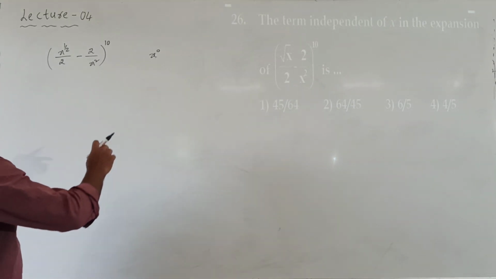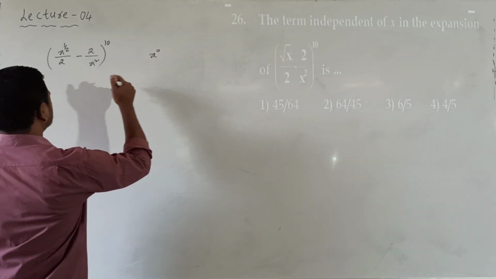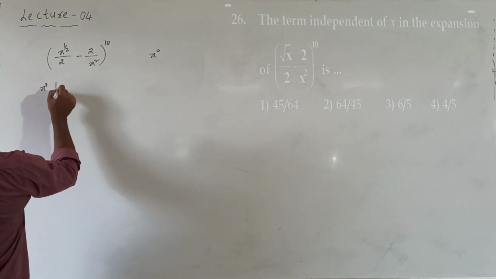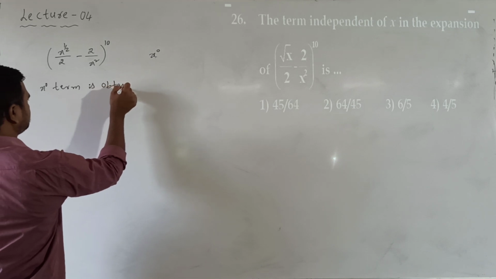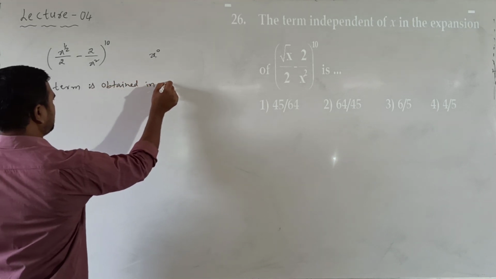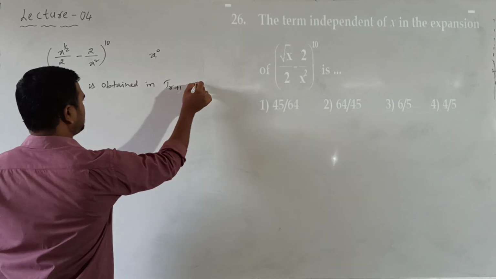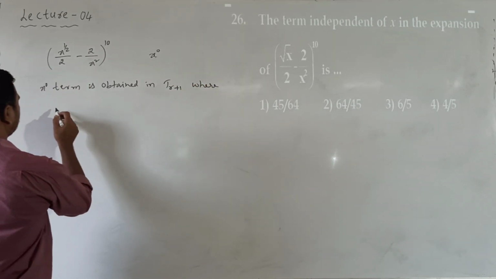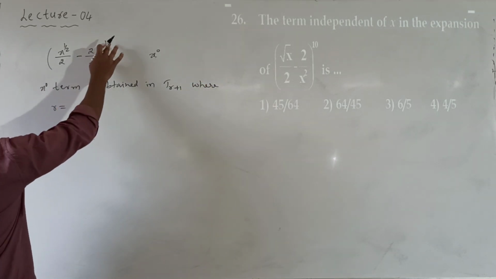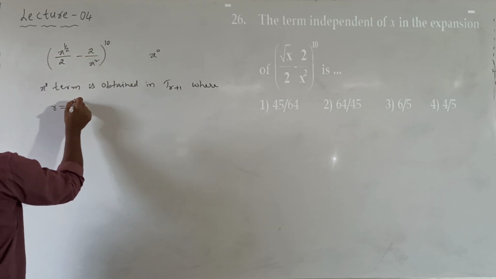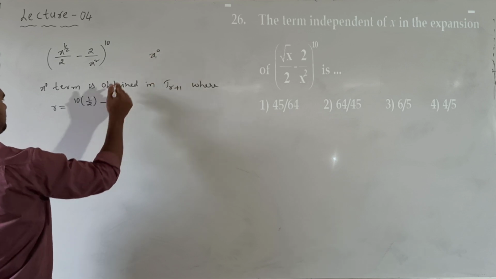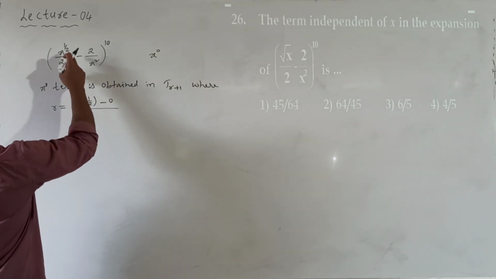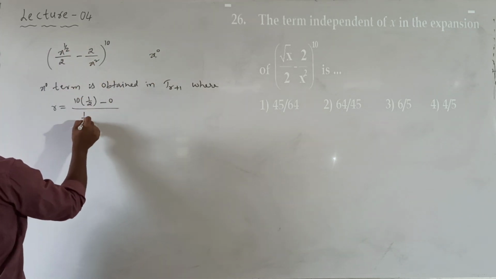So in this case, the x power 0 term is obtained in T r plus 1, where r value is n into p, 10 into 1 by 2, minus m, the power of x is m, divided by p plus q, 1 by 2 plus 2.